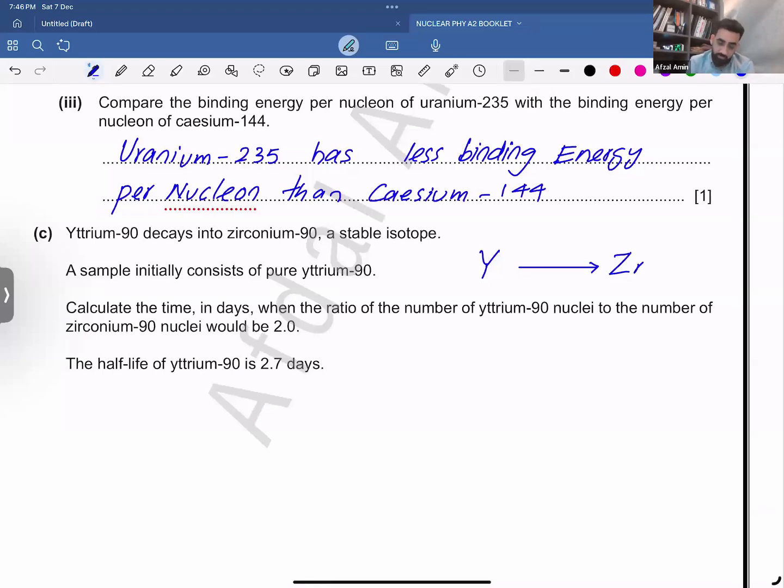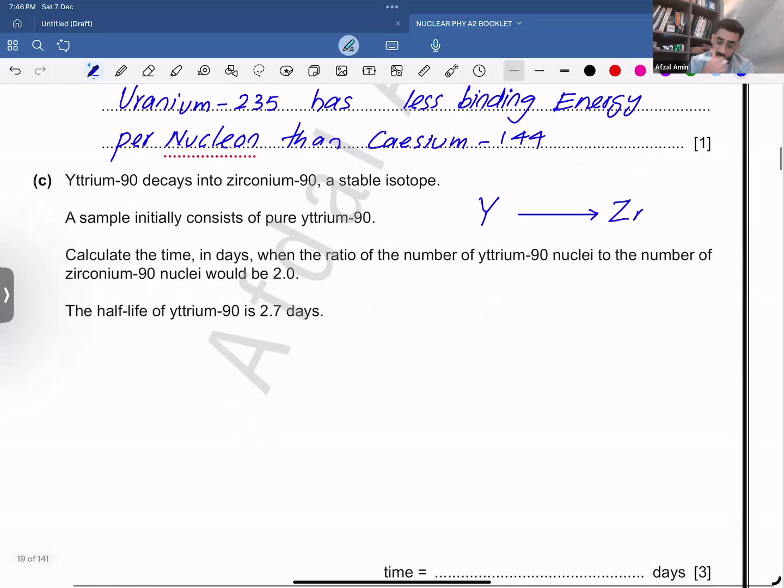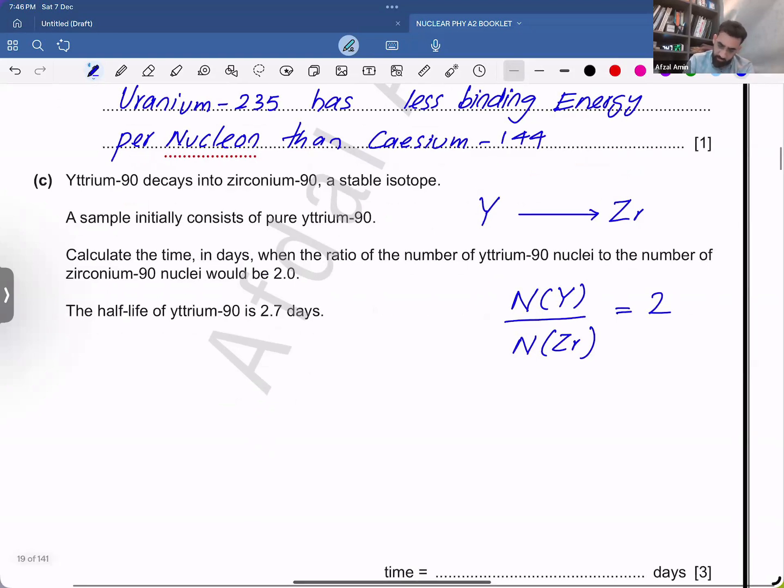Calculate the time in days when the ratio of the number of yttrium to the zirconium would be 2. That means the number of yttrium over the number of zirconium is 2, a ratio of 2 to 1.